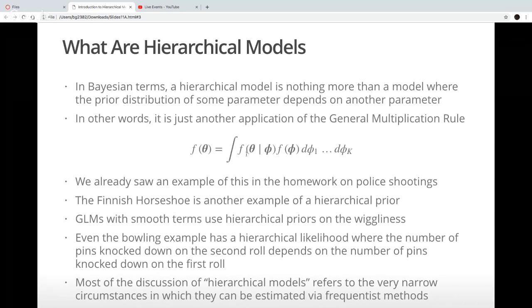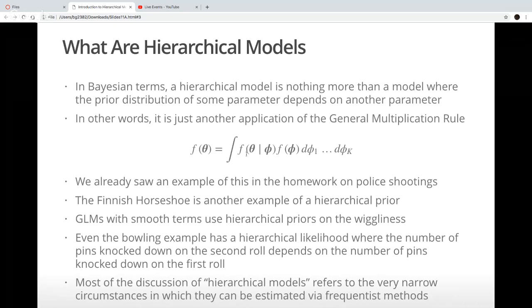So you could estimate that if you had data, but it had this sort of thing where first the first roll happens, then the second roll happens. And if you just extrapolate that thinking to priors, okay, we have priors at this level, and those are conditional on other parameters, and those may be conditional on other parameters.